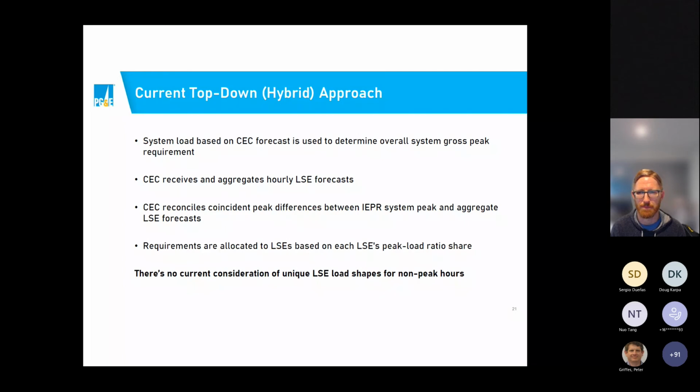And I'm assuming that any process we come up with, or any slice approach we come up with, the Energy Commission will still be doing the same kind of analysis on every LSE's submittal.